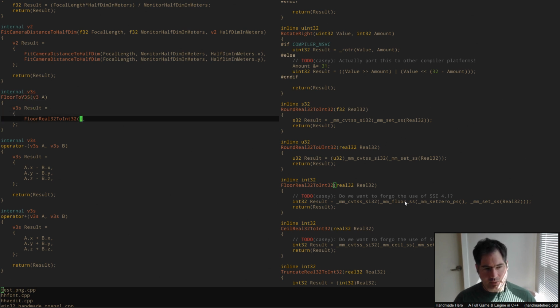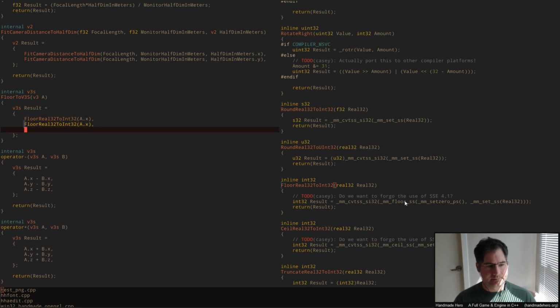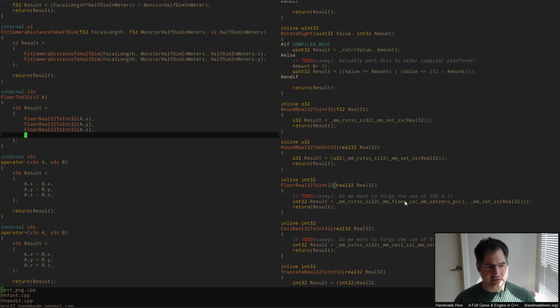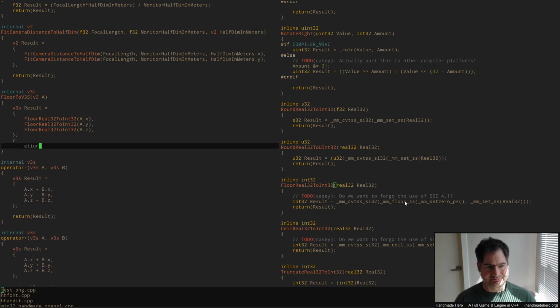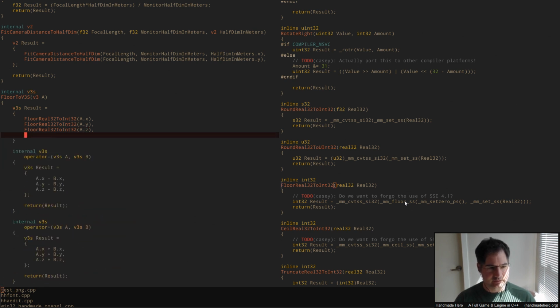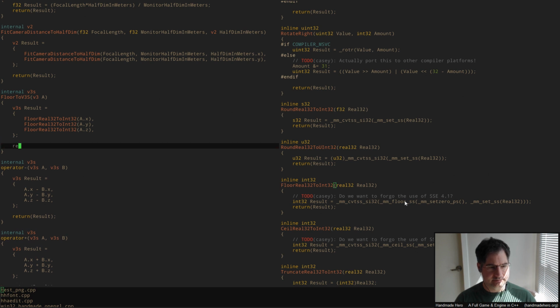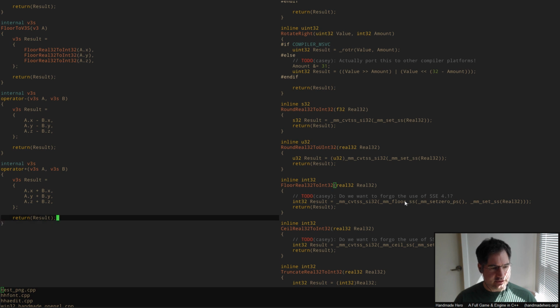So in here, where we're doing this sort of floor function, we're just going to do that on each of its values, and that'll produce the floor that we wanted. So that's actually totally fine. I think all those are fine too. No worries there.